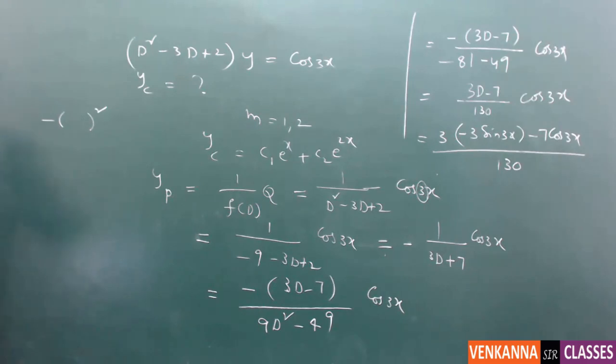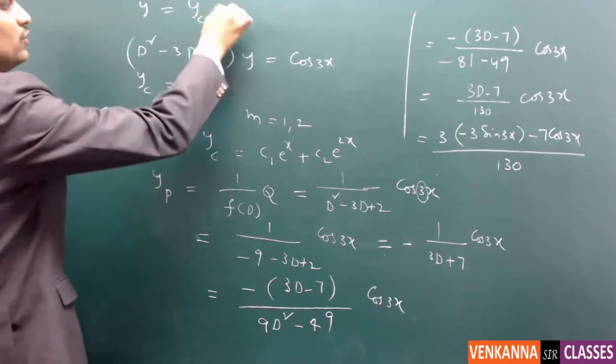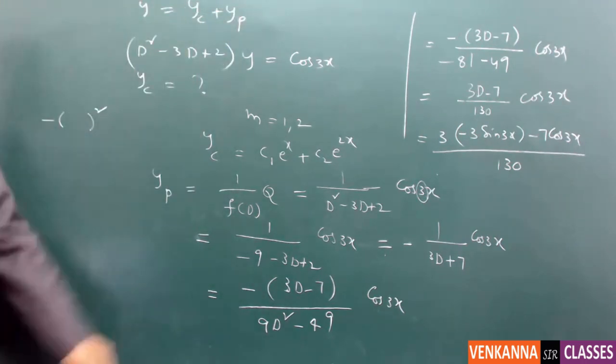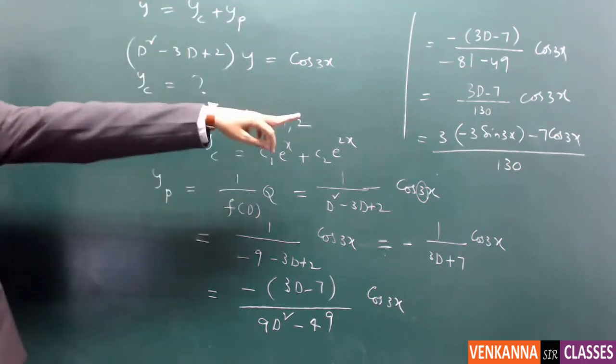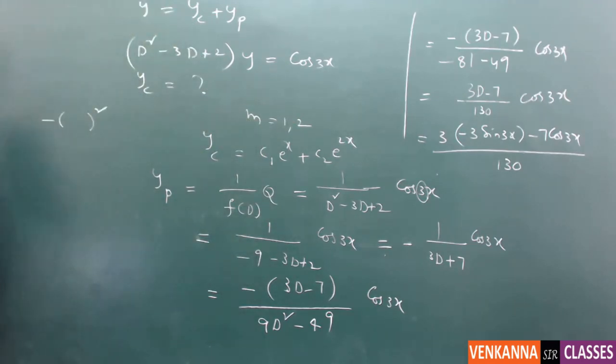So the general solution is given by y is equal to yc plus yp. So the complementary function value and particular solution value will be written together, yc plus yp. That is the final solution.